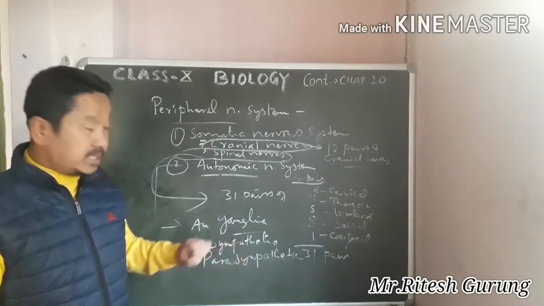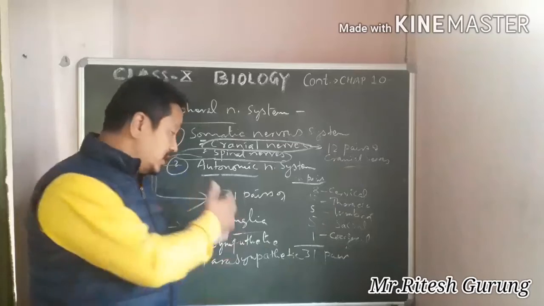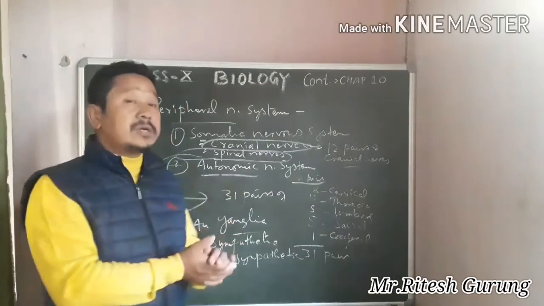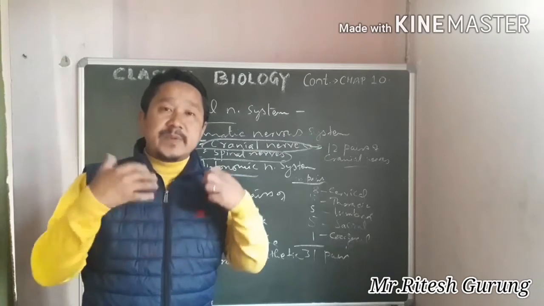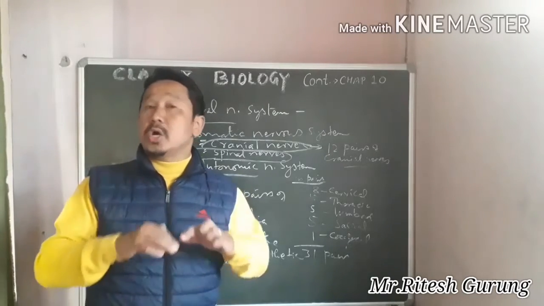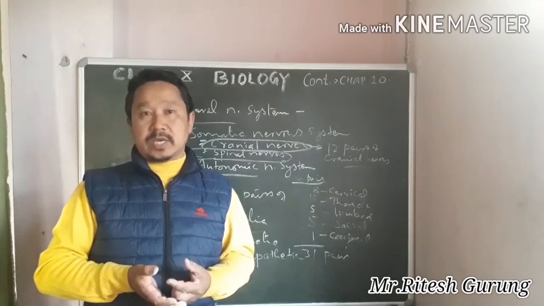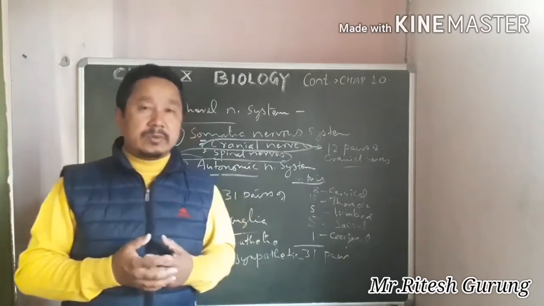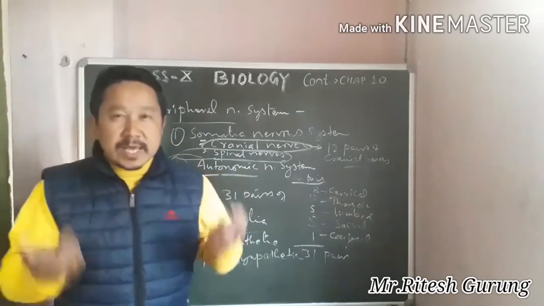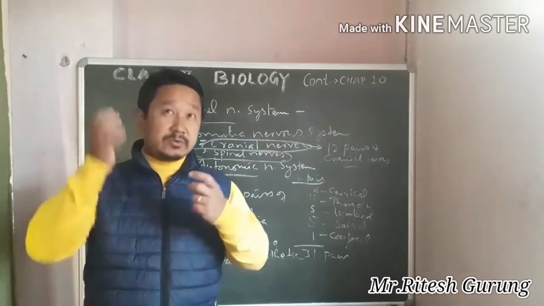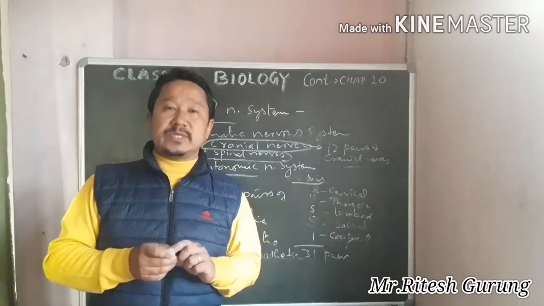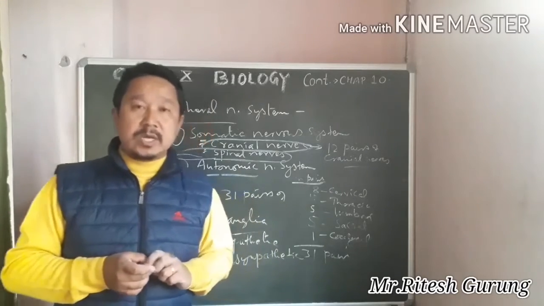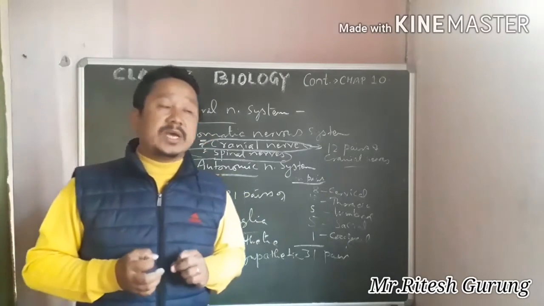Sympathetic means this part of the autonomic nervous system usually prepares the body for violent actions, meaning abnormal activities, which are also controlled by your endocrine system, especially the hormone adrenaline, secreted from your adrenal gland.